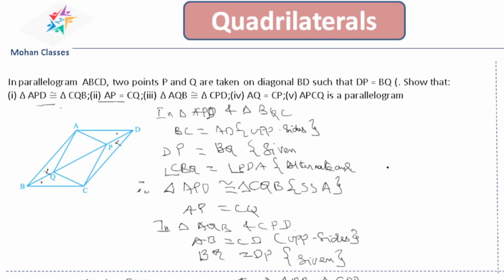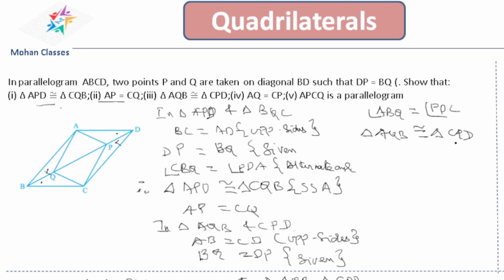Angle ABQ is equal to angle PDC. So it satisfies SAS. Therefore, triangle AQB is congruent to triangle CPD.